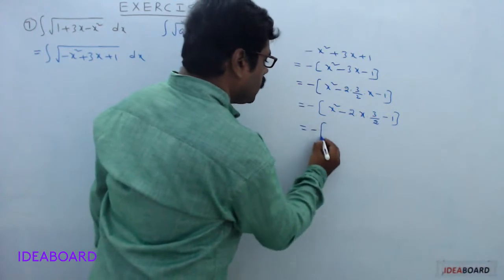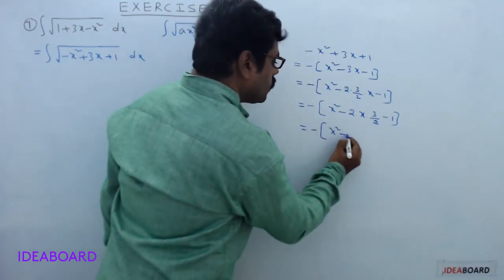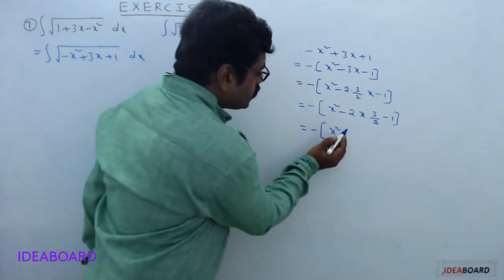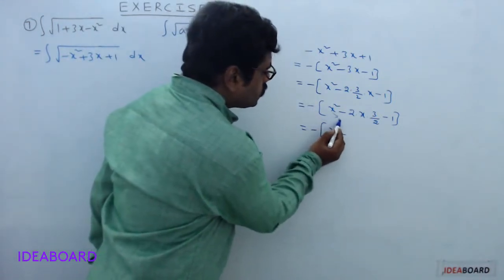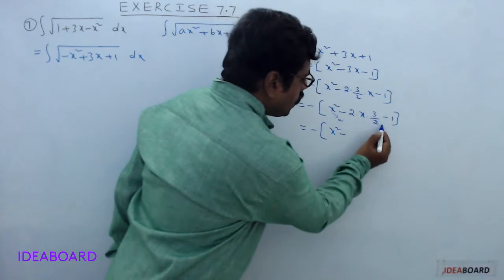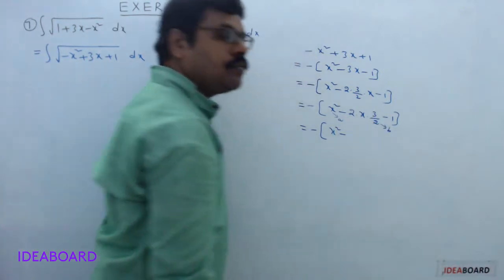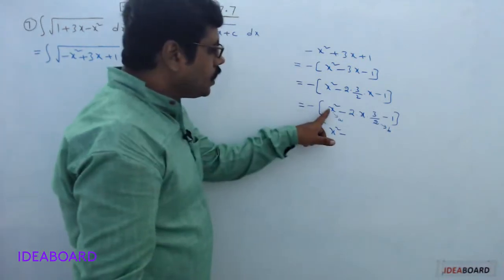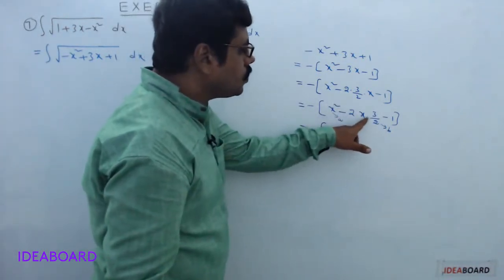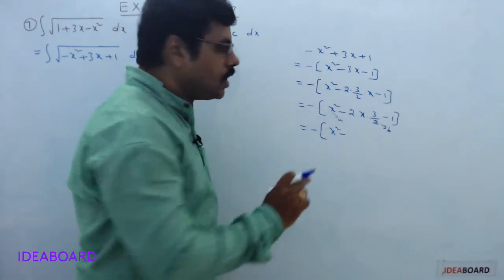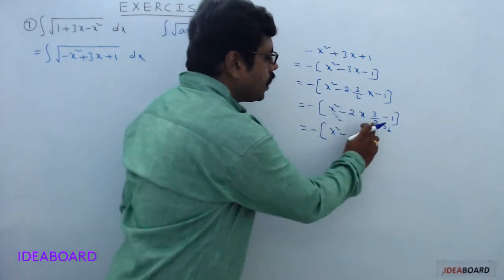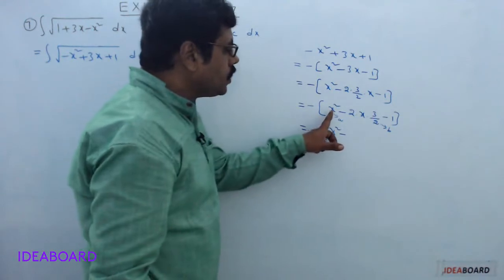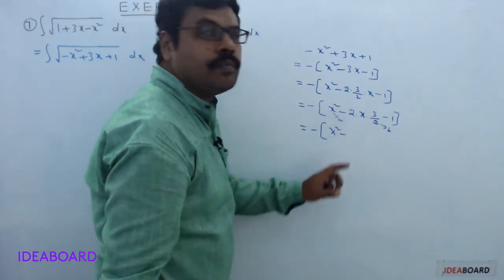This is equal to minus of x square minus, see here, if you consider this x as a and this constant 3 by 2 as b, this expression is of the form a square minus 2ab.